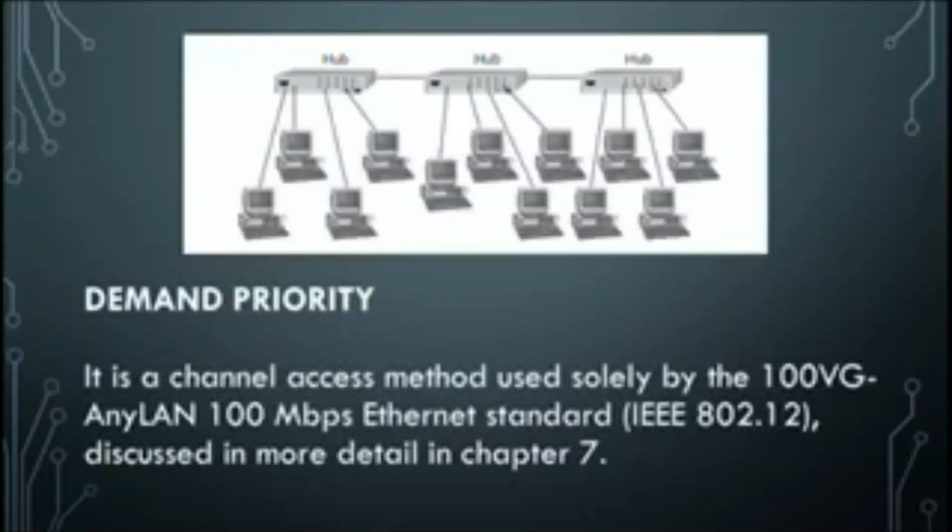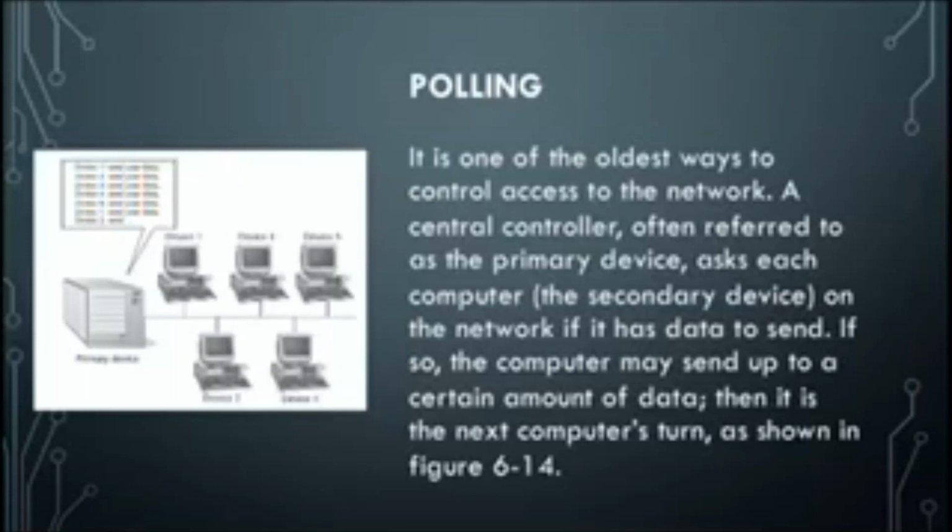Demand priority. It is a channel access method used solely by the 100VG-AnyLAN 100 Mbps Ethernet standard, IEEE 802.12, discussed in more detail in Chapter 7. Polling. It is one of the oldest ways to control access to the network.